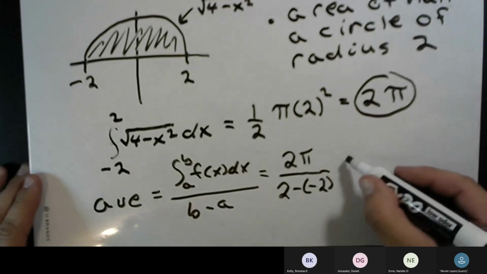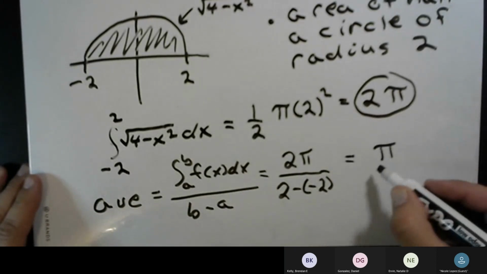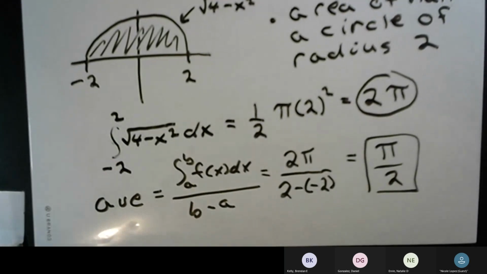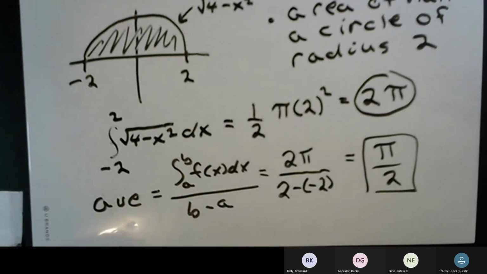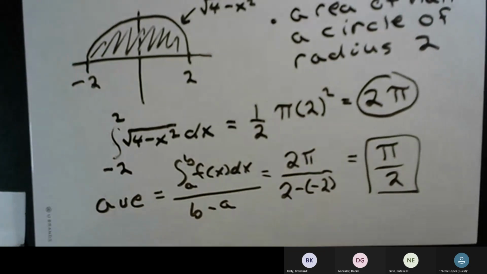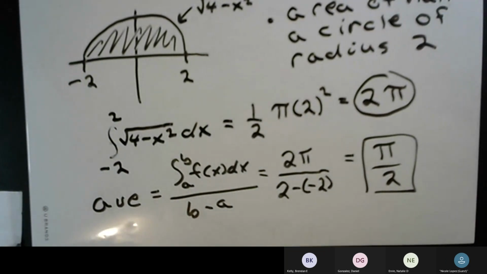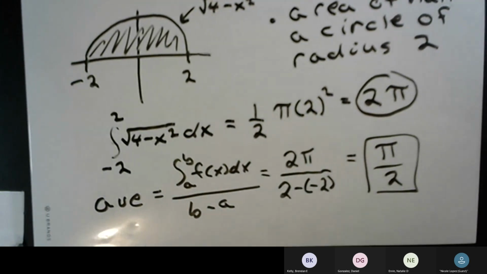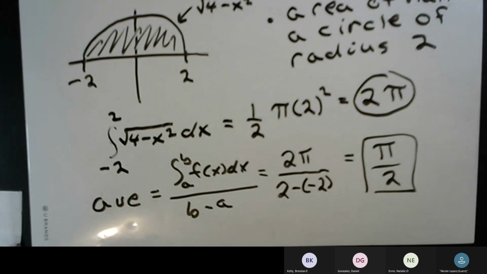And that gets simplified down to pi over 2. So any questions about that? All right.